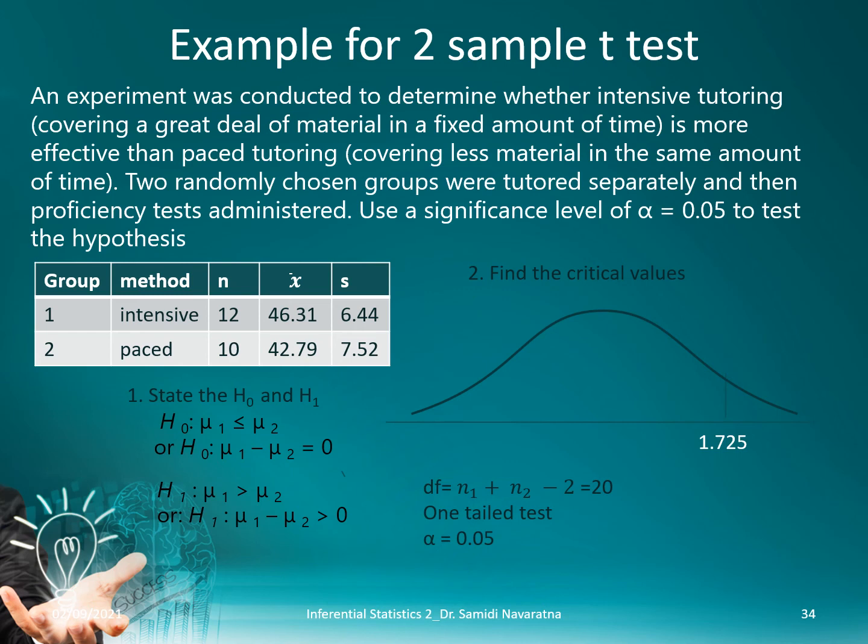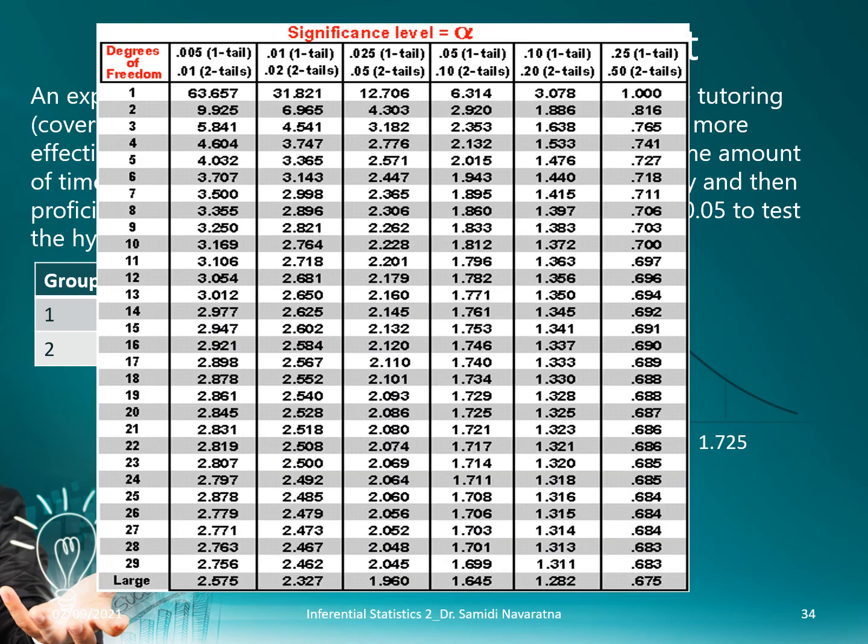So let's see how we can find this critical value using the t-table. So here is the t-table, and the calculated degrees of freedom is 20, and the alpha level under consideration for the one-tailed test is 0.05.